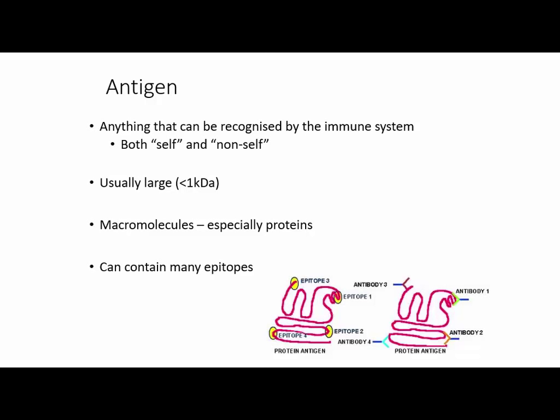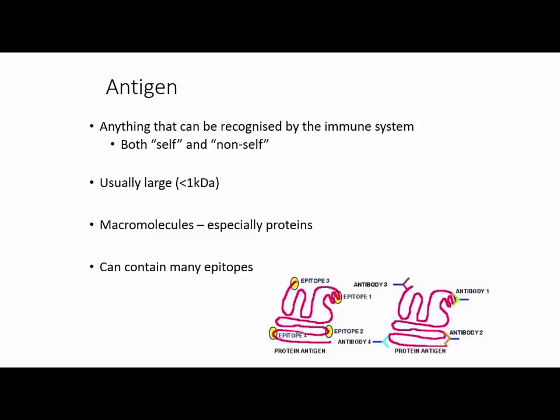So self-antigen is proteins or components of our cells that make up our cells. The last thing we want is for the immune system to create a response against self-antigen, okay? And we have a process for that. But again, just to appreciate that antigen can be both self and non-self.